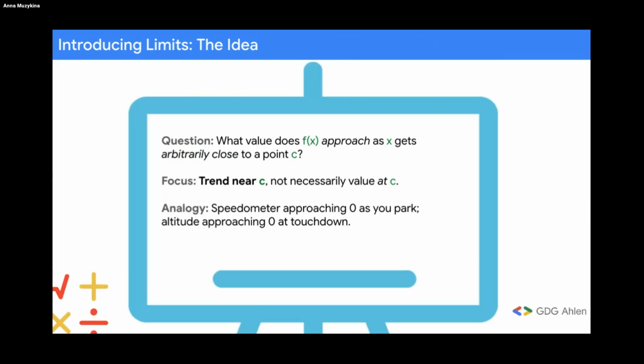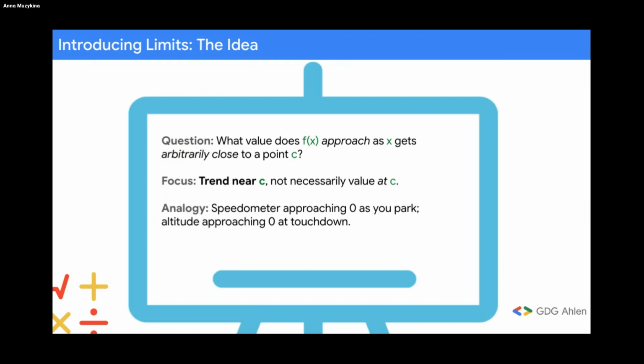So, thinking of analogies. Imagine watching your car speedometer as you pull into a parking spot. As you get closer and closer to being stopped, x approaches the time stopped. What speed is the speedometer approaching? f of x approaches 0.